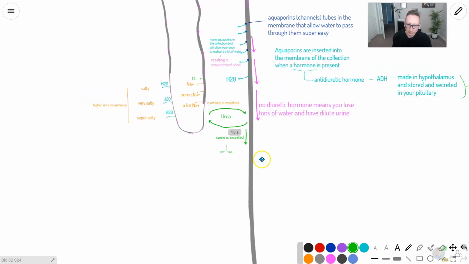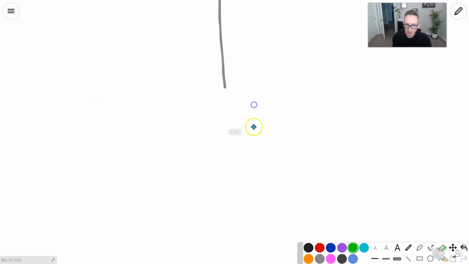So I want to go through a little list here of most of what your kidney is filtering, and how much of it's keeping. We already did this first one.